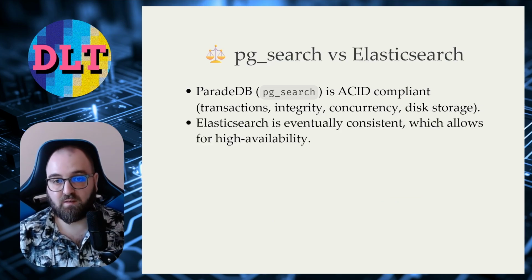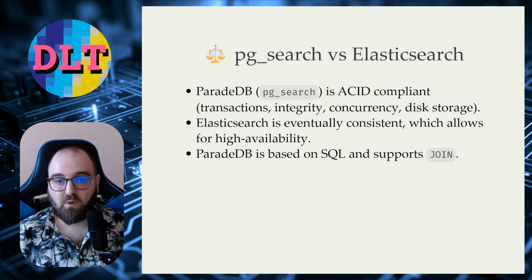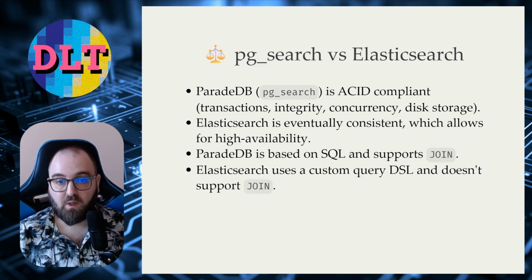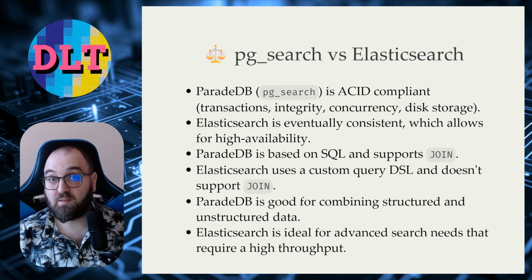Elasticsearch, on the other hand, is eventually consistent, so it's BASE instead of ACID, which allows for high availability. ParadeDB is based on SQL and it supports joins, and Elasticsearch uses a custom query DSL which doesn't support join operations. ParadeDB is good for combining structured and unstructured data, while Elasticsearch is ideal for advanced search needs that require high throughput.